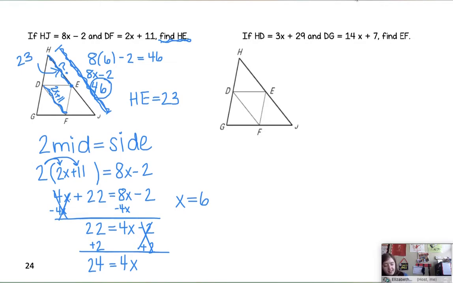This time it says if HD, this guy, is 3x plus 29, and DG is 14x plus 7, what's the length of EF?